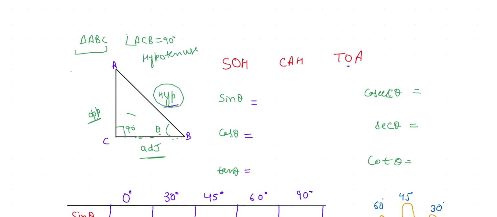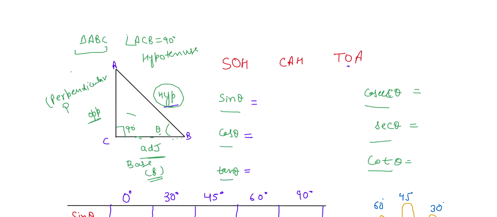As well, this opposite side is also known as perpendicular, so it is designated as capital P, and the adjacent line is also known as base, and it is designated as capital B. So there are various formulas such as sine theta, cos theta, tan theta, cosecant theta, secant theta, and cot theta.